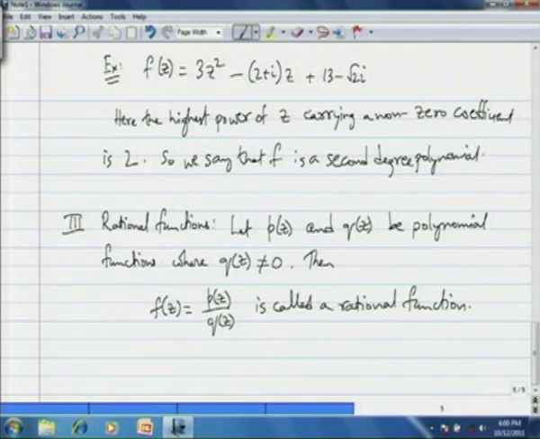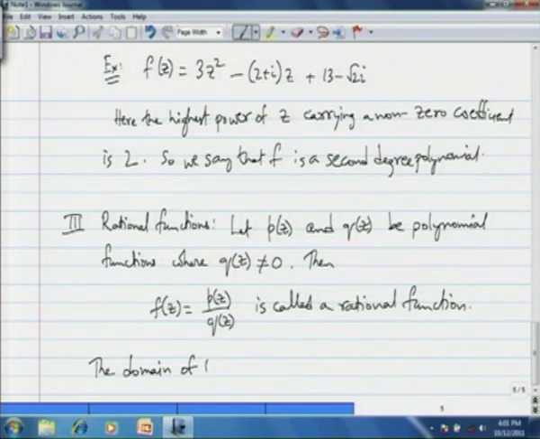Okay. So, here the domain is not really all of the complex plane necessarily, but it's all those points in the complex plane which skip the zeros of the polynomial q of z. Okay.